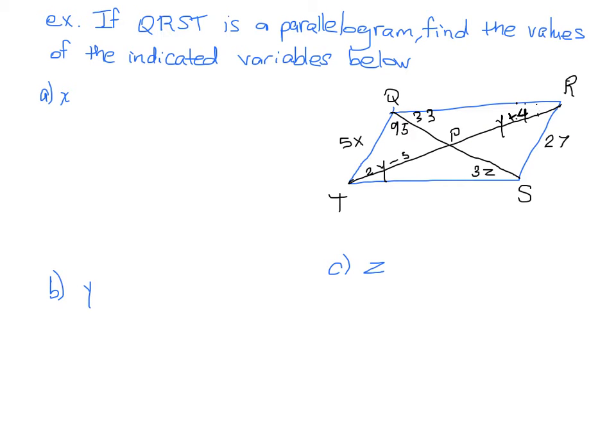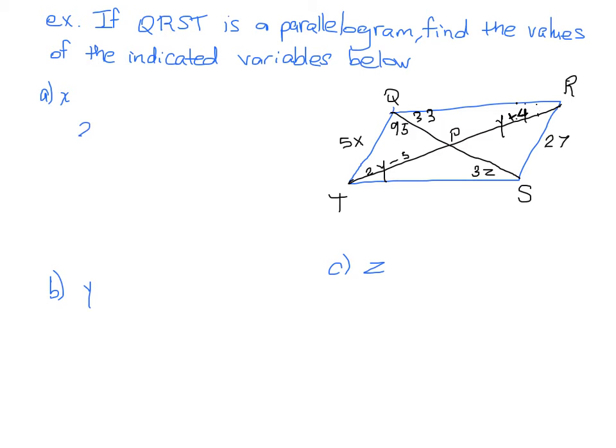Okay, so here we have a parallelogram and we have some unknowns, and we're being asked to find our unknowns. The first thing that I want to do is find x, because it's probably the easiest and we were asked for it first. So we have that side, which is not only parallel but also congruent to that side, which means 27 has to be equal to 5x.